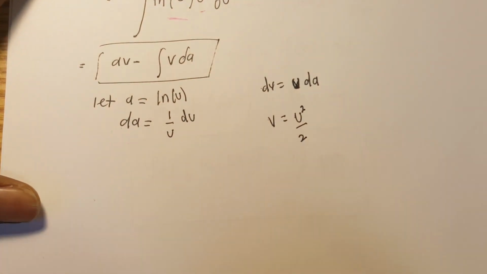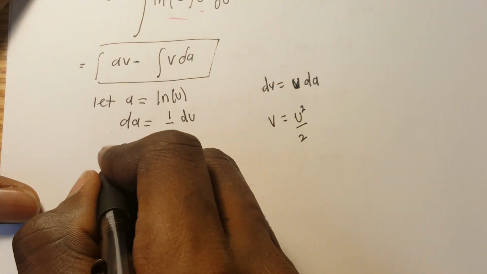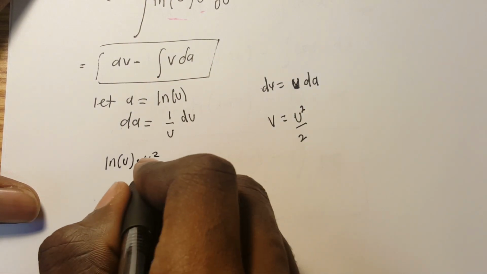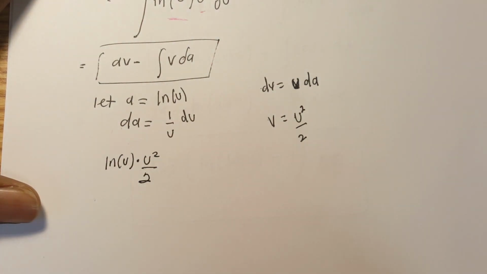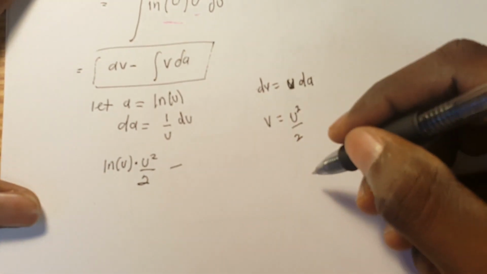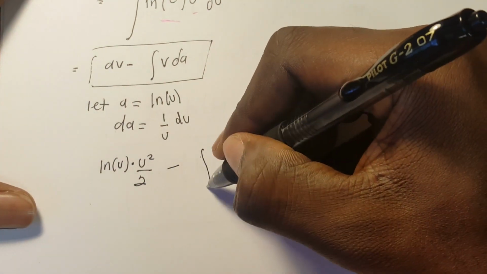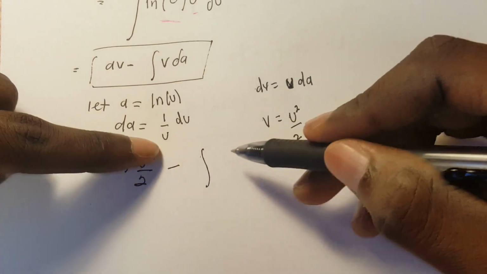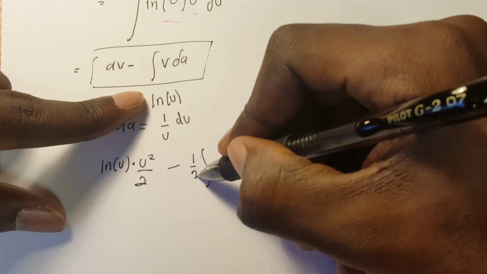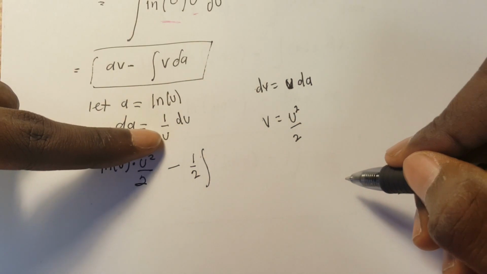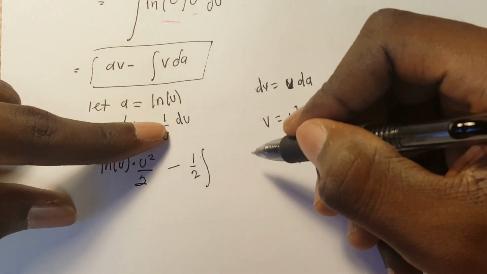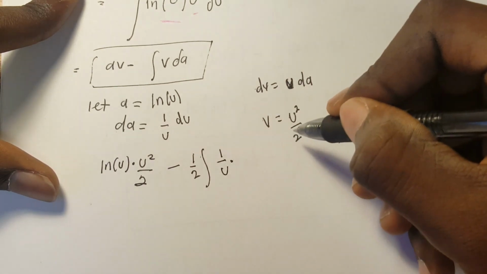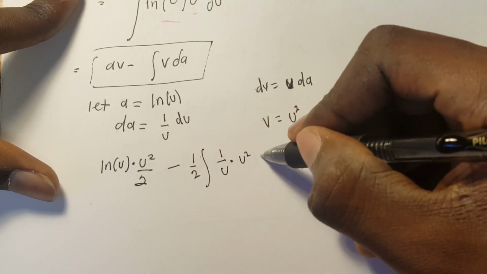So I'm going to have natural log of u multiplied by u squared divided by 2 minus the integral. Here I have a half, so I can take it in front. Then I have 1 over 2 here, and 1 over u right here, so 1 over u being multiplied by u squared du.